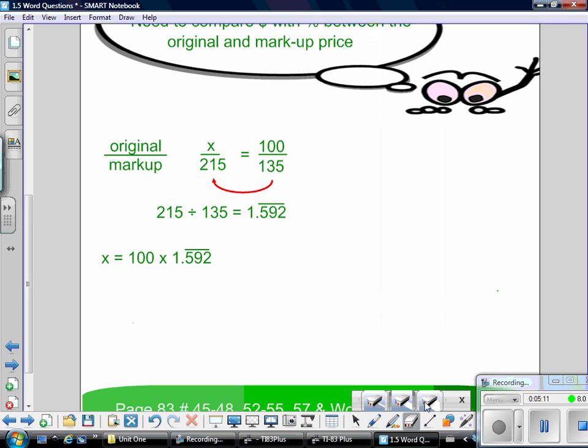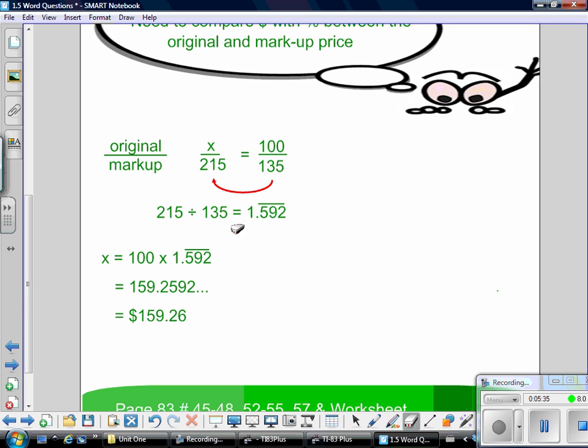So we end up having 159.2592. As I said, the 9 bumps the 5 up, so I'm left with $159.26.